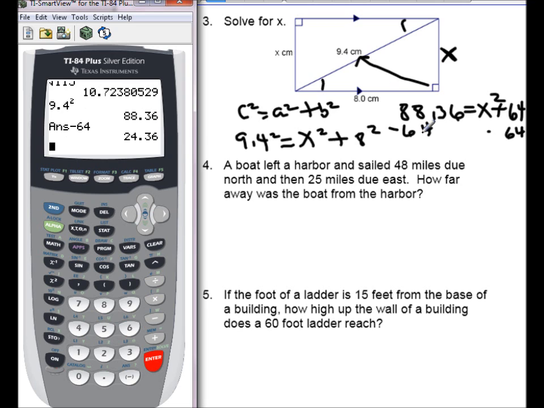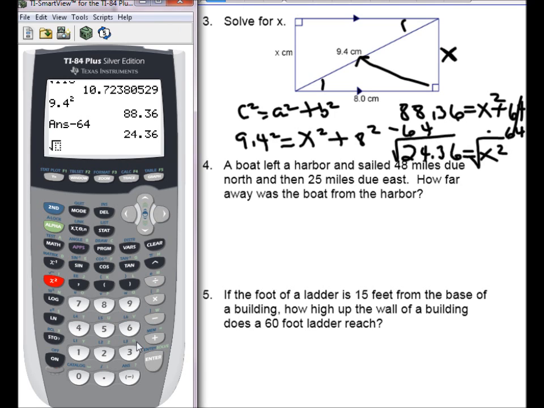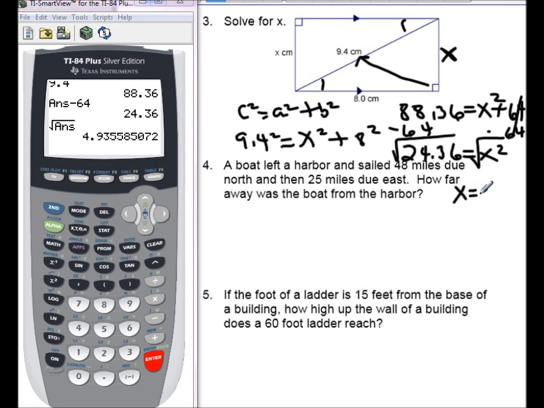And that gives me 24.36. 24.36 equals X squared. So I find the square root of 24.36 in order to get X. So second square root, second answer. That'll take the square root of this answer, 24.36. So X is equal to, rounding to the nearest tenths place, 4.9.